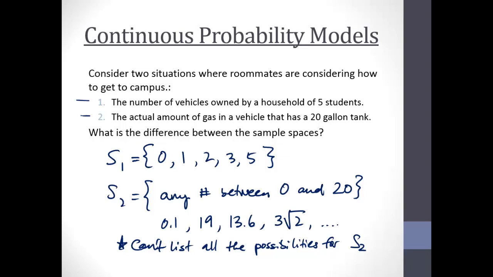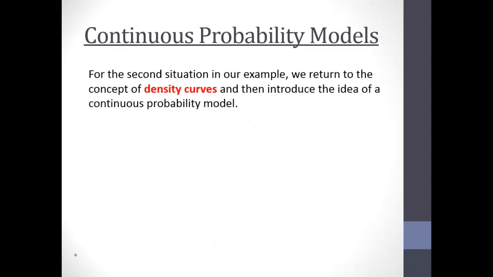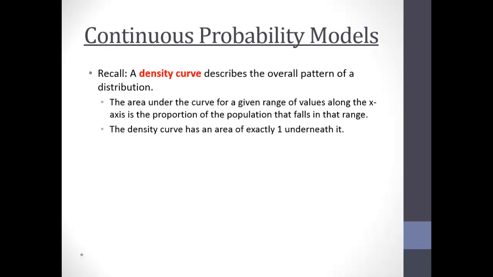And so that leads us to the idea of this continuous probability model. And so for the second example, we're going to return to that idea of density curves that we discussed in an earlier chapter. I think it was back in chapter 3. So if you remember, a density curve describes some overall pattern of a distribution, right?